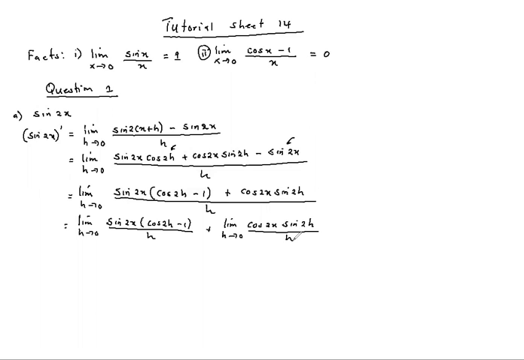Now, h here is a variable that is going to 0. So sine 2x is actually a constant. So we can put it outside and remain with the limit as h goes to 0 of cos 2h minus 1 over h plus we do the same to cos 2x and remain with this sine 2h over h.